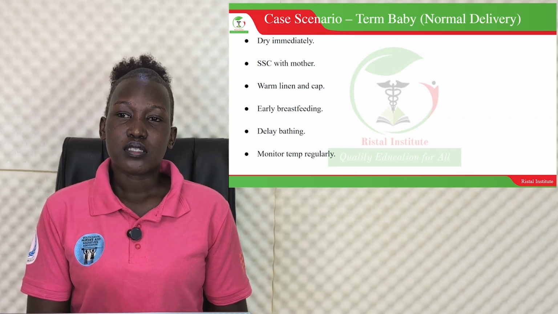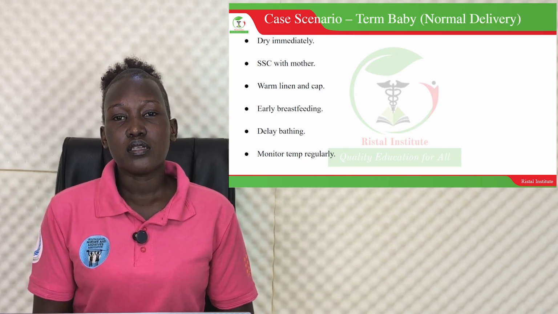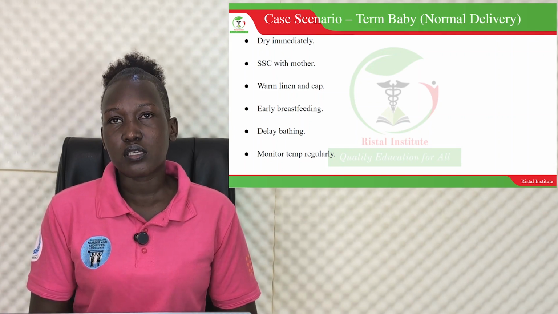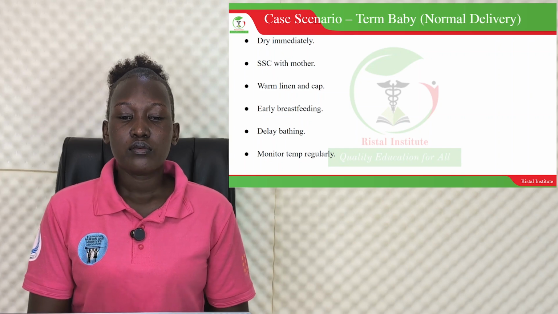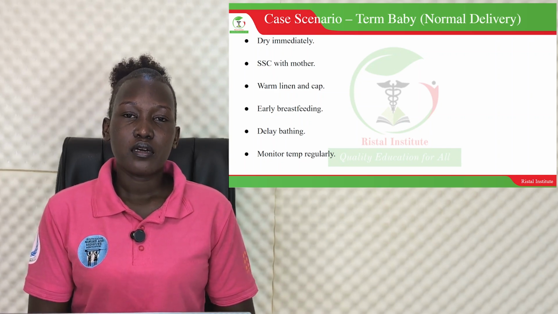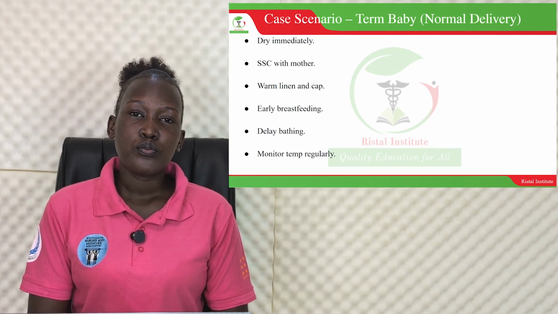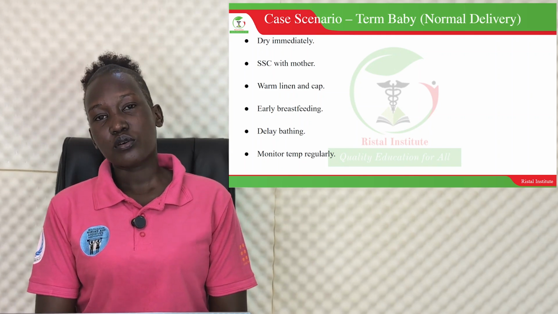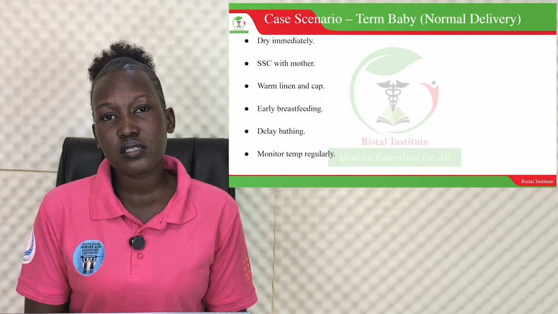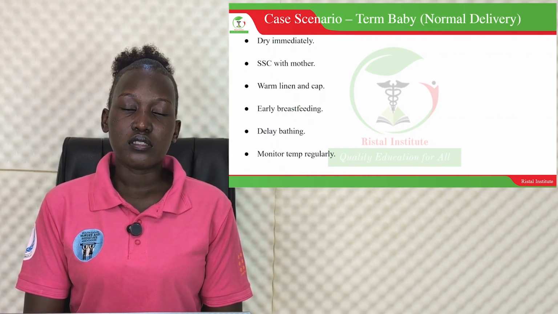We make sure that the child is safe from any kind of infection, including the ones that are passed from mother to child. Then we look at those cares that we are supposed to give to the child so that, as they are undergoing the transitional phase of adaptation to extrauterine life, they are not really getting difficulties.